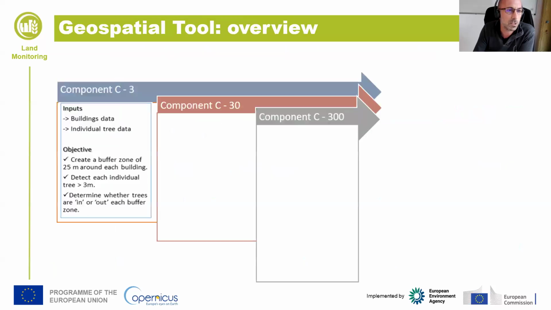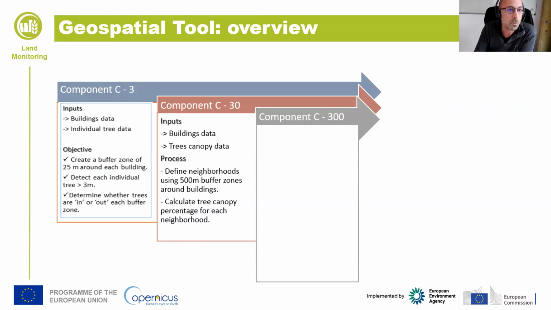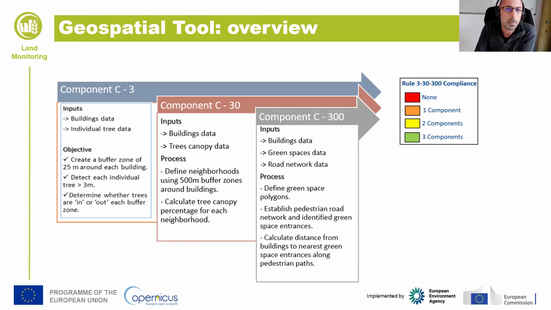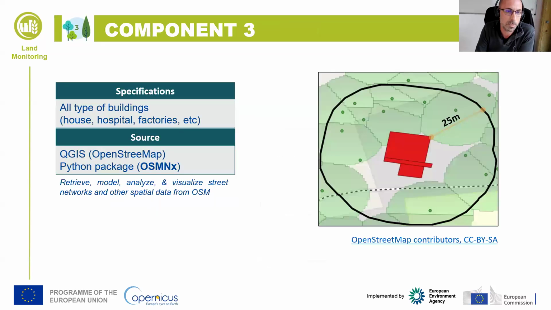So we have established an approach to estimate and detect compliance with the rule 3-30-300. For component 3, we need the building data, but also individual tree data, for component 30 and for component 300. So at the end, we are able to know if each building is compliant or not with 1 component, 2 components, or the 3 components.